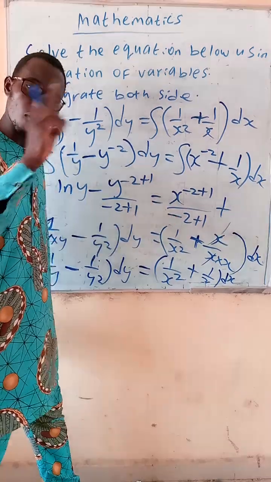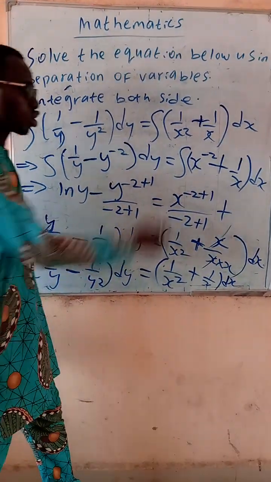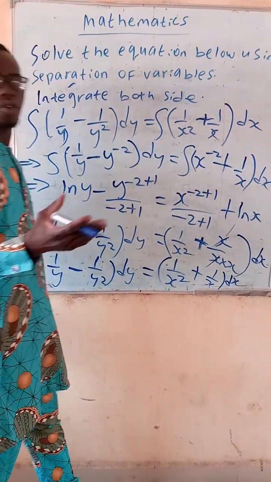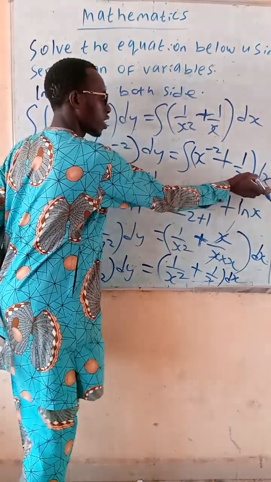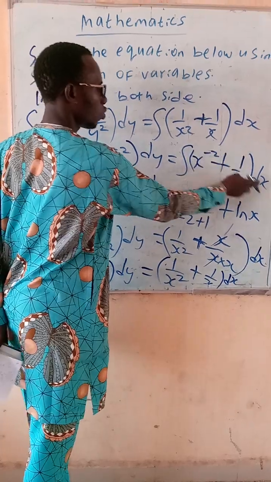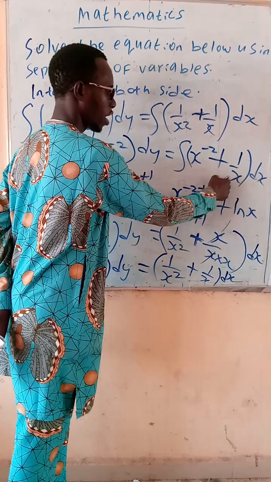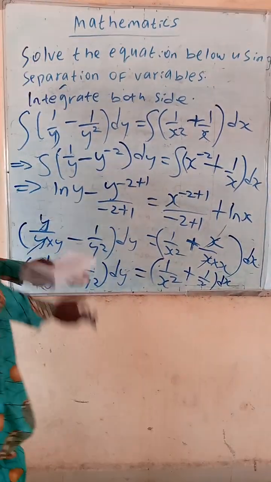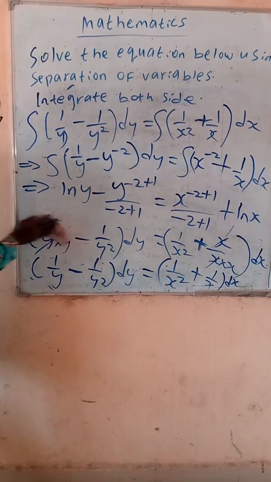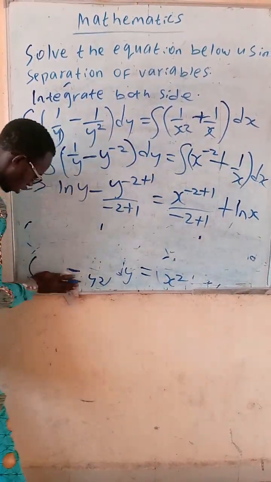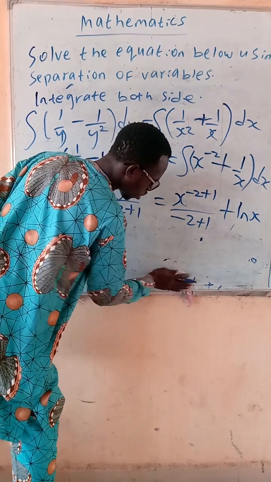The integration of 1 over x gives us ln x. So the integration of x raised to power minus 2 with respect to x is this, and the integration of 1 over x is ln x. So that's the solution. What next? We are going to proceed further to solve the equation.